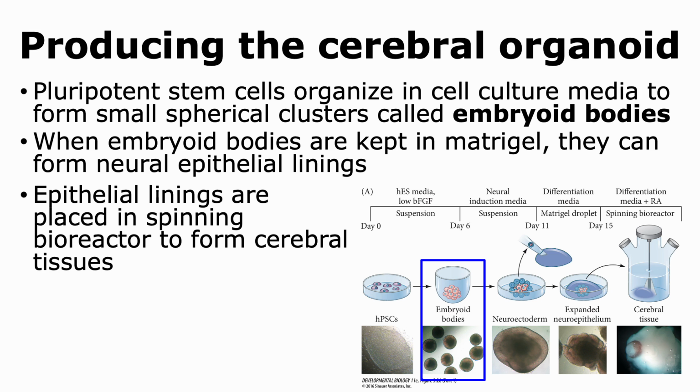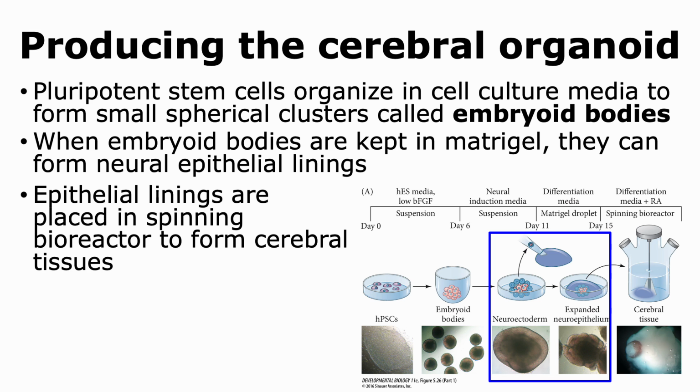Now, the embryoid bodies can then undergo changes to form a neuroectoderm. When the neuroectoderm is then attached to a matrigel, which is a type of a solid support, then they can form these neural epithelial linings, which is what is shown in the large blue box.